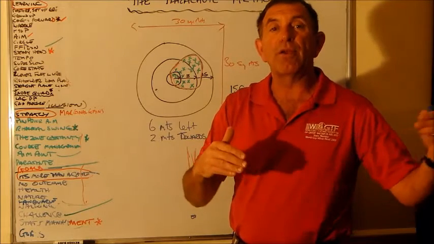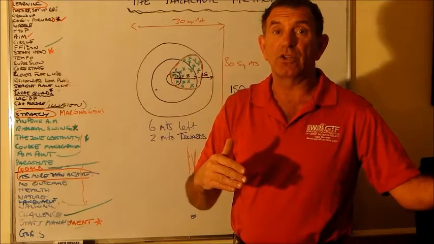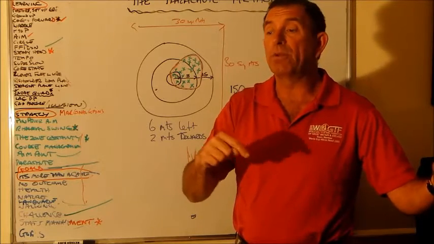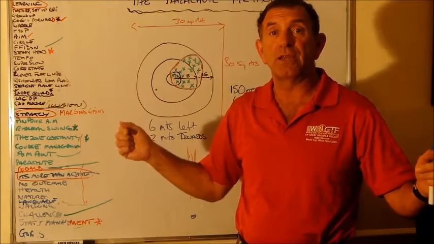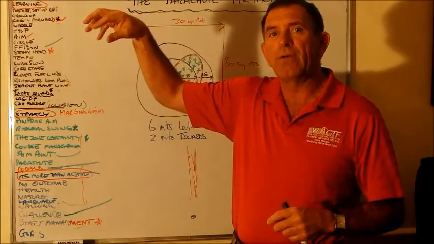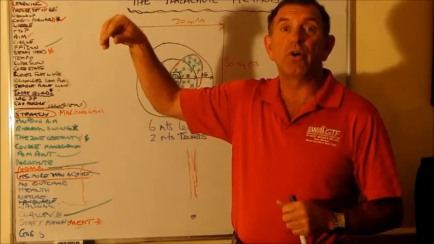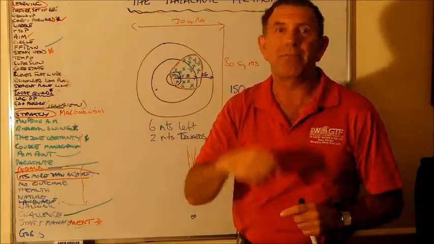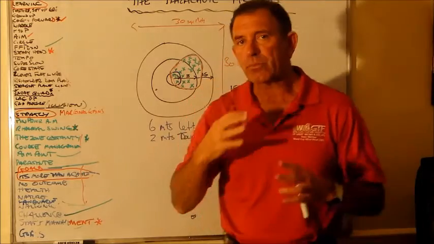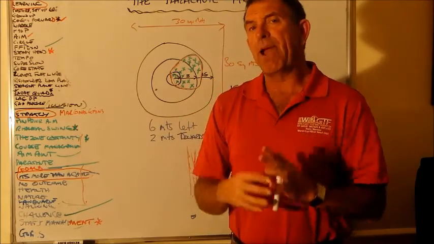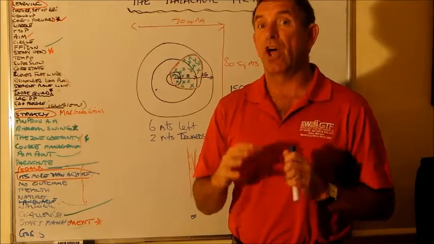And then wherever it went, distance and direction wise, the opposite of that would be plotted in the same distance, and that's where the parachutist would be dropped out of the plane to allow them to come back to that center target. So the basic parachute method is much like that.